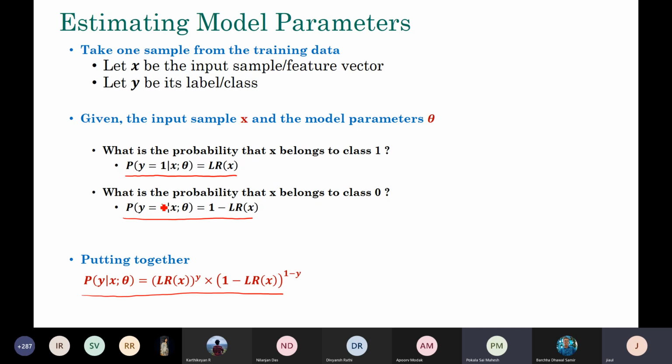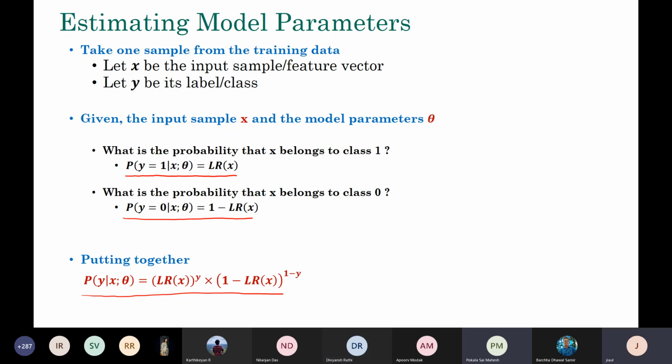Here, the two equations boil down to one equation where I no longer have y equals 1 or y equals 0. I am simply expressing this whole thing in terms of y only. Depending upon the value of y, the expression on the right-hand side will determine whether it will be the first one or the second one. Make sense?